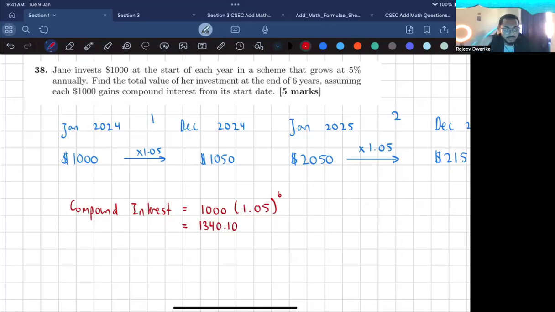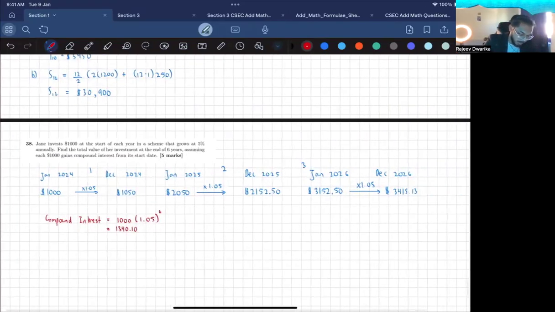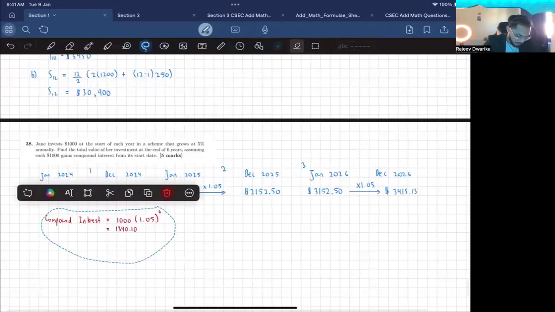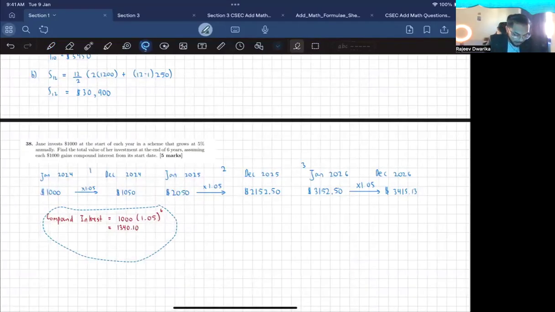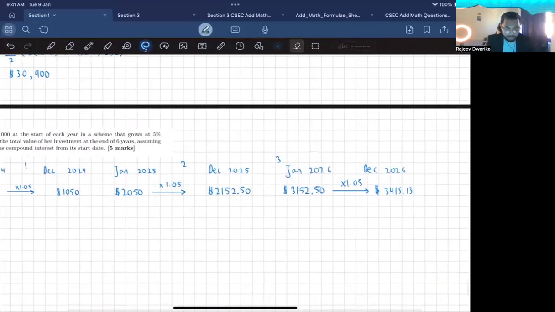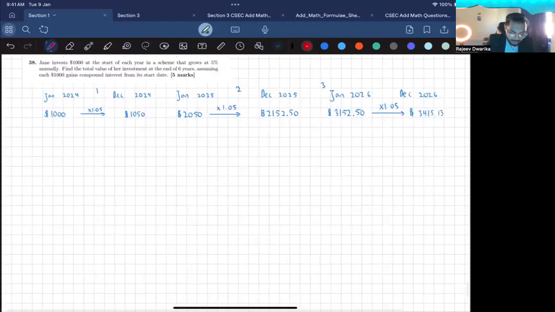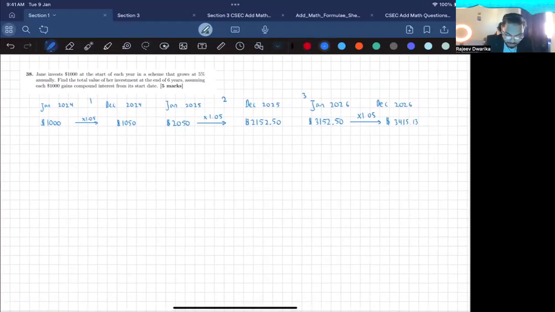Because the $1,000 is going into the bank with the previous amount of money, so it's not a linear growth there. So let me try something else. Let me just continue down the line and see what happens, and then try to form a pattern out of that.